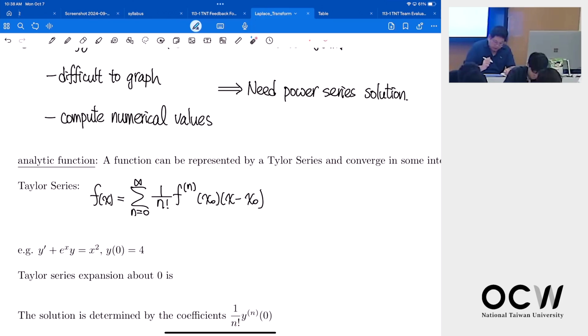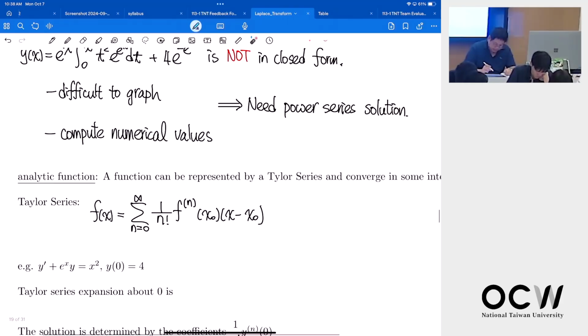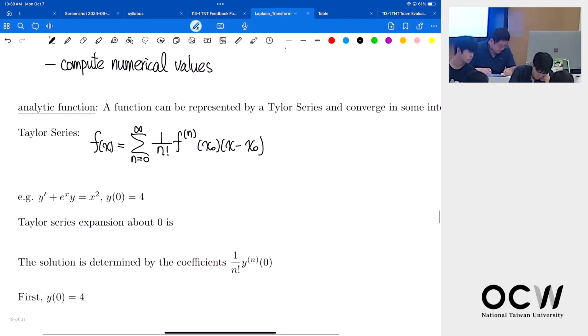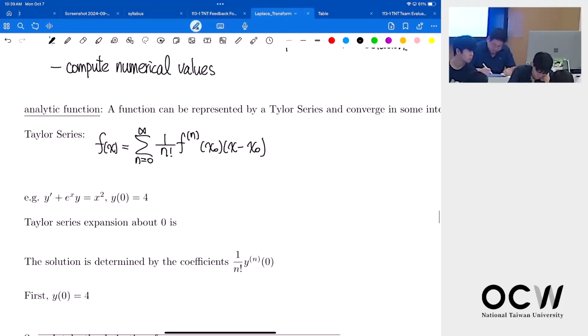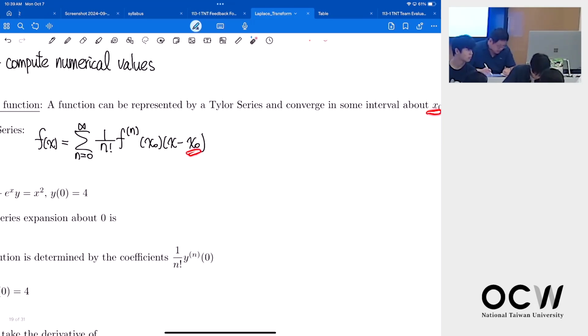Okay, so back to this equation. If we say that the Taylor series expansion about 0, because my initial condition is at 0, that means here x naught becomes 0.